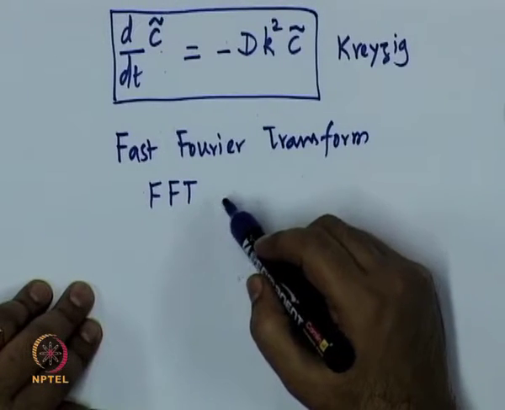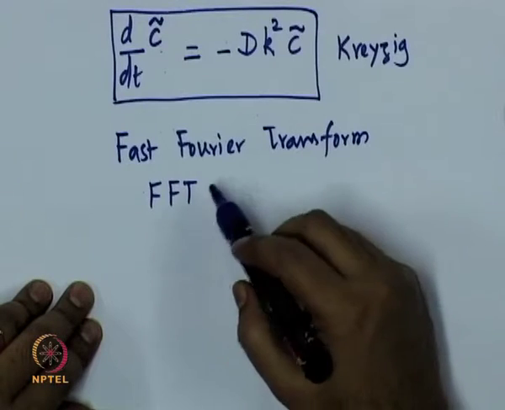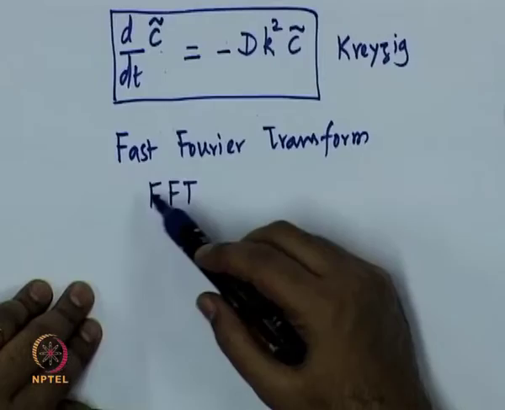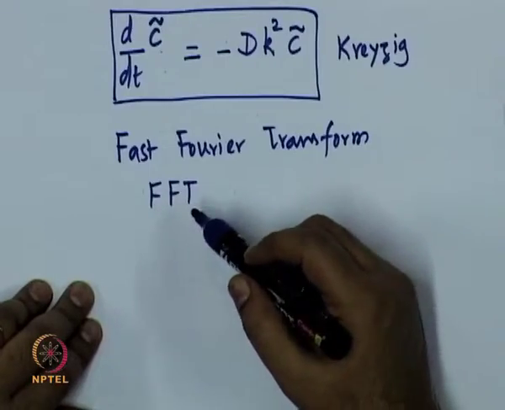It is one of the top algorithms of the last century, and it has transformed the way several experiments are done, fast Fourier based spectroscopic techniques for example. They are not possible unless you have a way of calculating Fourier transforms very fast, and the FFT algorithm gives a way of doing the Fourier transform very fast.